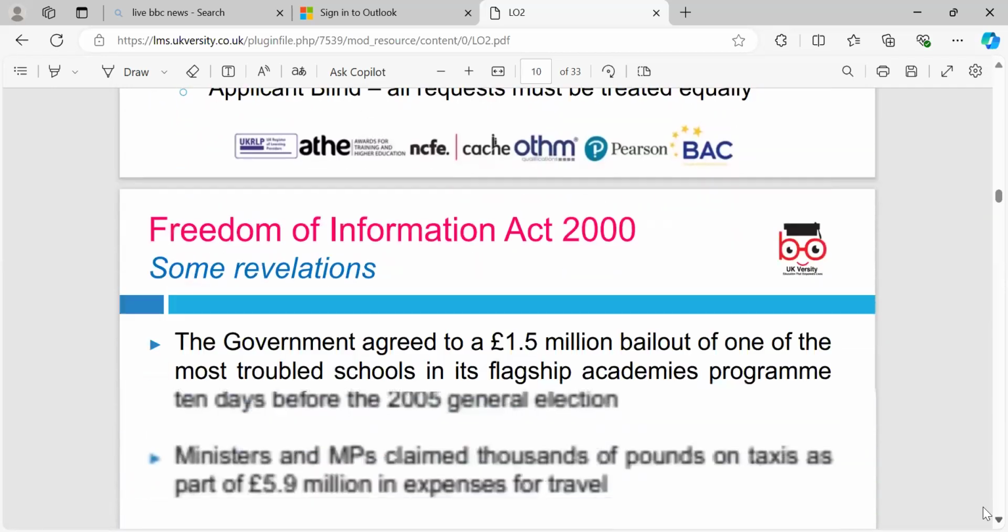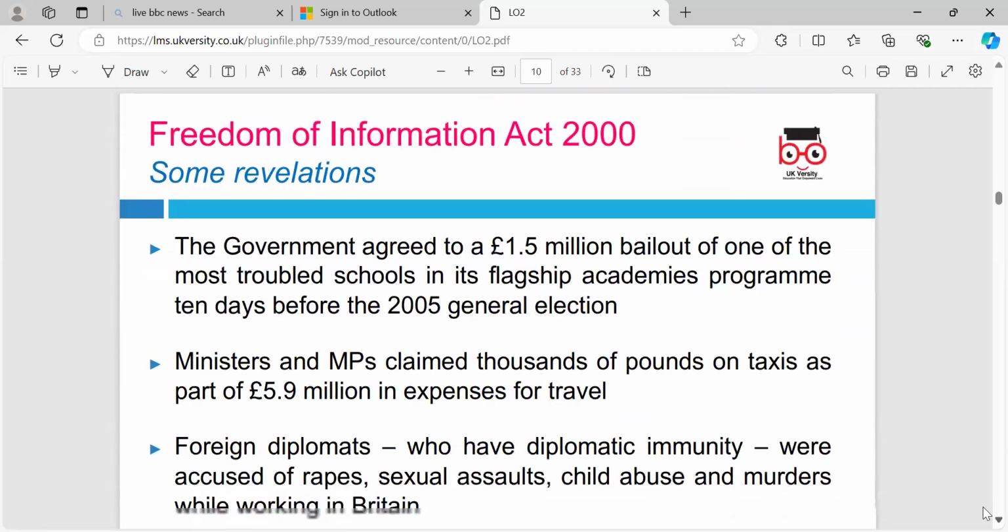Freedom of Information has produced some revelations. The government agreed to a 1.5 million bailout of one of the most troubled schools in the flagship academy program, 10 days before the 2005 general election.